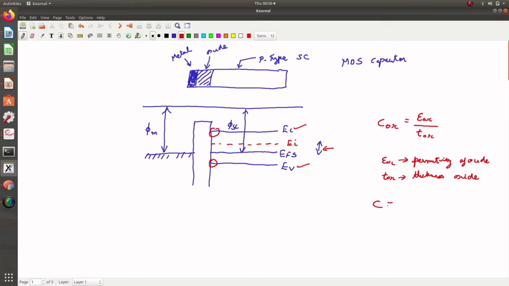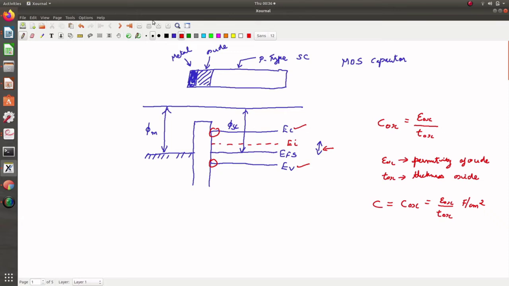So, the total capacitance C is equal to C_OX, which is equal to epsilon_OX by T_OX, and the unit is farad per centimeter square. So, this is the case at the equilibrium condition of the MOS capacitor.